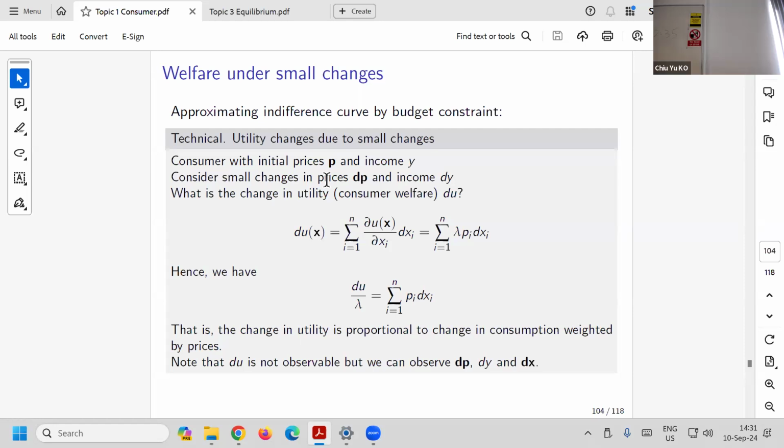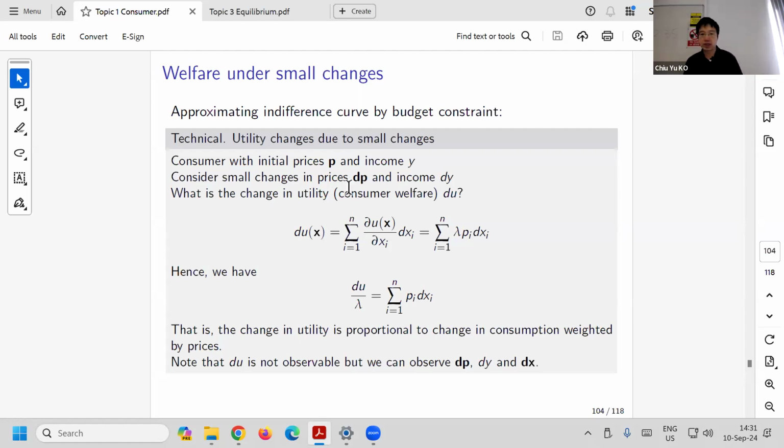Or you can look at a marketing campaign, and how they change the budget. Then done. Remember, this is how we look at the budget, an approximation of the indifference curve by the budget constraint. Look at how people change. Of course, this is useful in the empirical world, but we want something more.